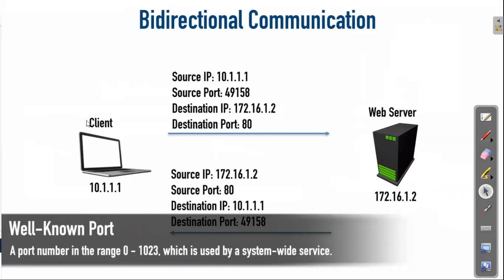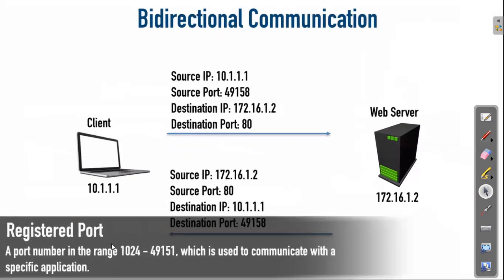Now you will come to know the well-known ports. The port number in the range 0 to 1023 is used by a system-wide service. That is a well-known port. 80 is a well-known port. So that means 0 to 1023. Right? Next is the registered port.